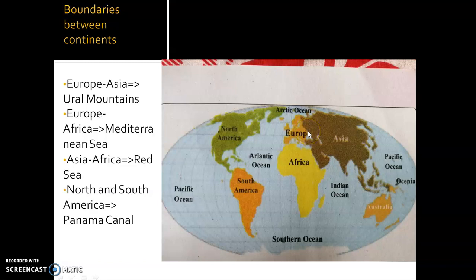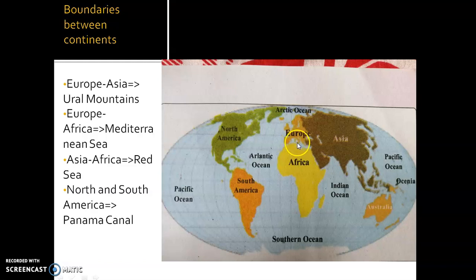If you take out your atlas and look at the physical map of the world, you will be able to look at it from a better perspective. So for now, just remember, between Europe and Asia, the boundary is defined by the Ural Mountains and the Ural River.